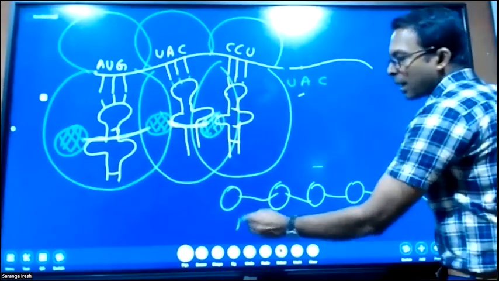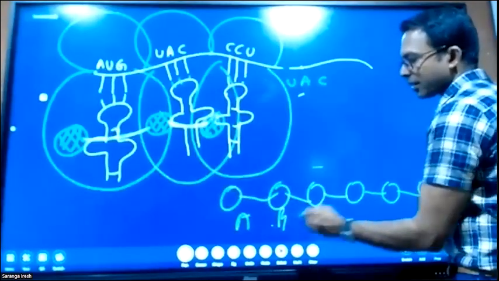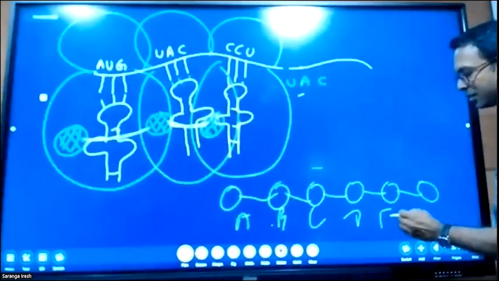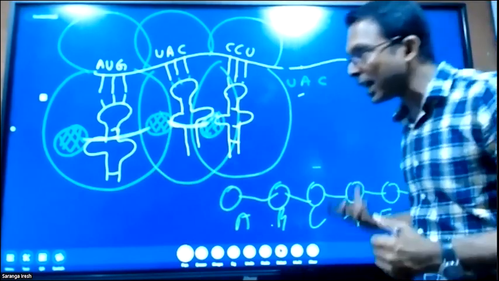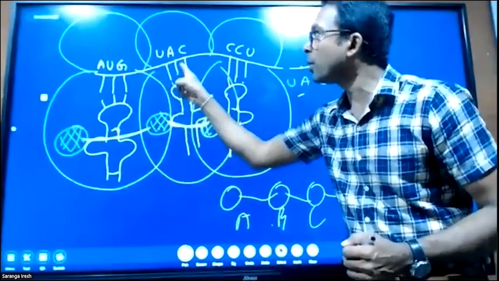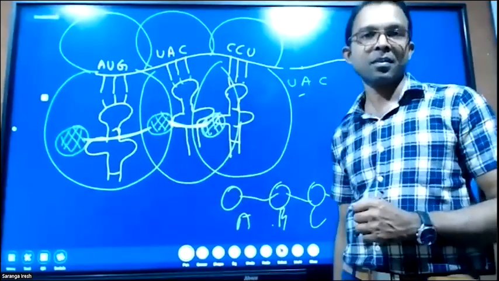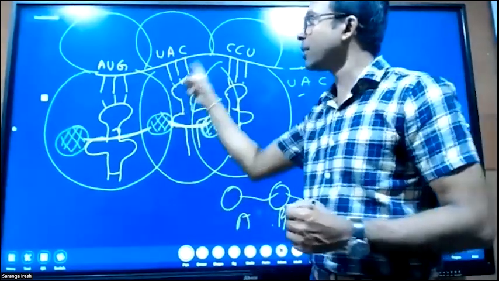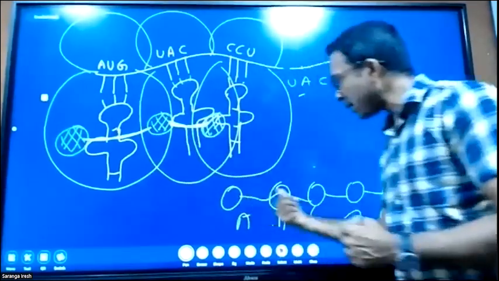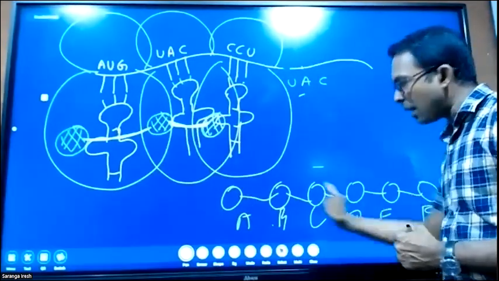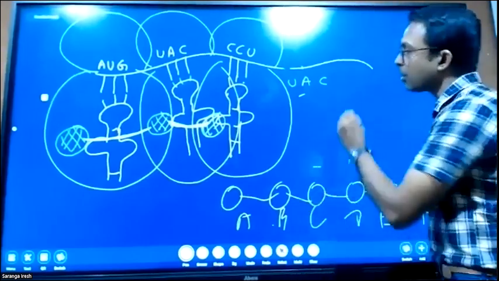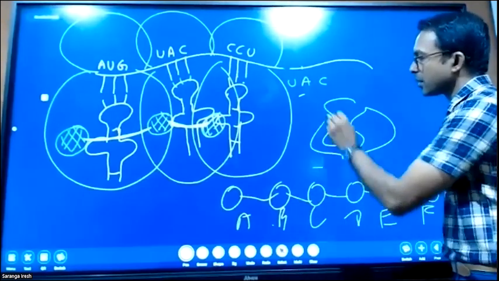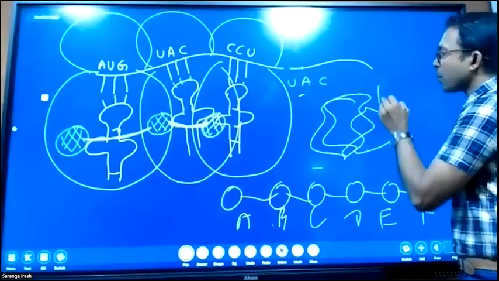So there is a particular amino acid pattern here. This pattern is created according to the codon sequence. According to the codon sequence, the amino acid sequence is created. This amino acid sequence will arrange according to a particular structure, which is called a protein.